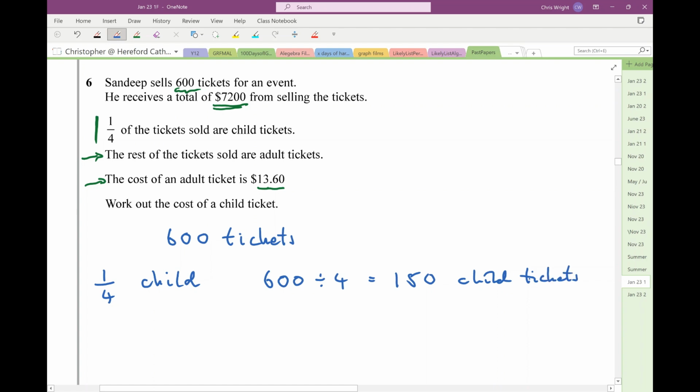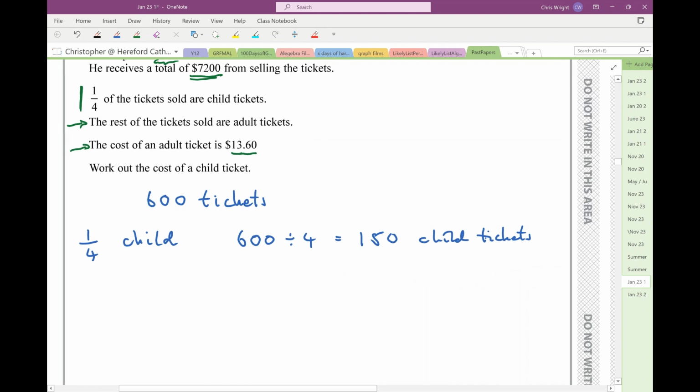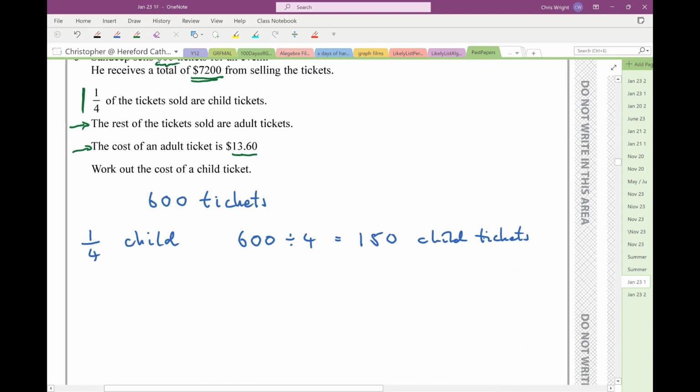Right. Now it says the rest of them are adult tickets. So that means the adult tickets must be, well, it's 150 child, so there must be 450 adult tickets. Okay, so I know how many children tickets and how many adult tickets now.